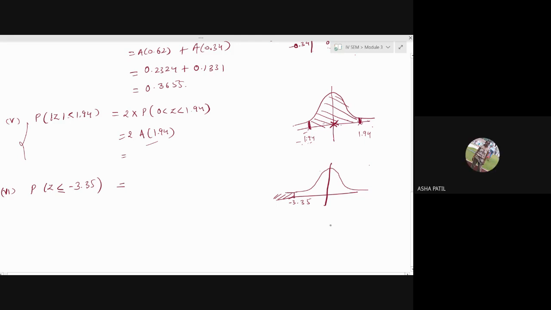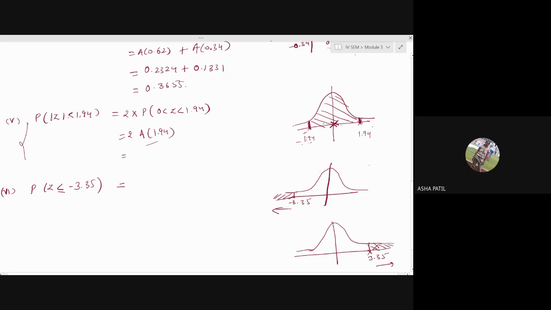See, if you get confused on the left side, you know that the area to the left side and to the right side are the same. Instead of this, you can say that the area less than this value is nothing but the area greater than 3.35. So you can consider this region also.